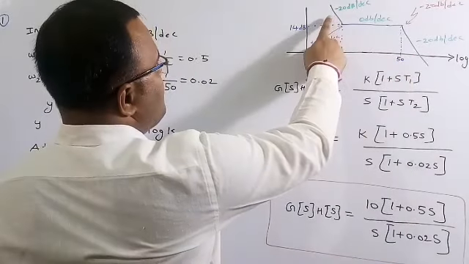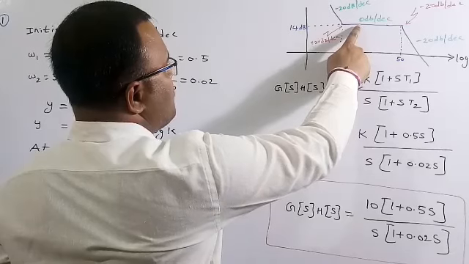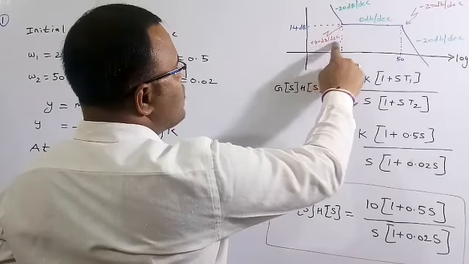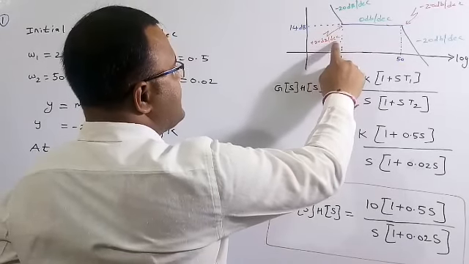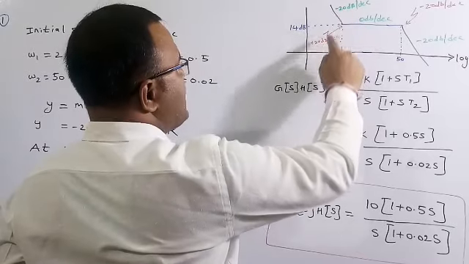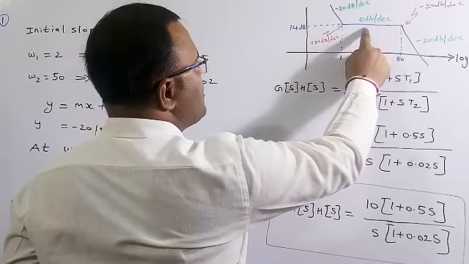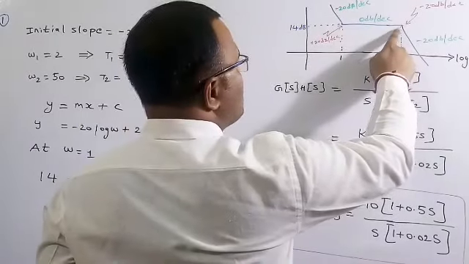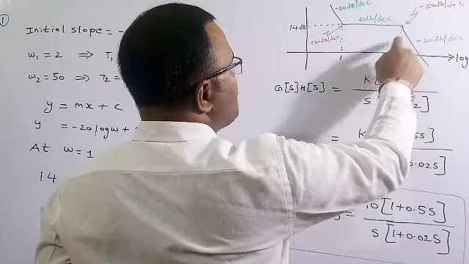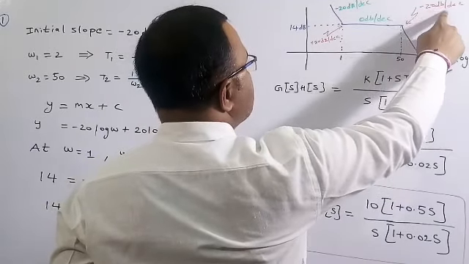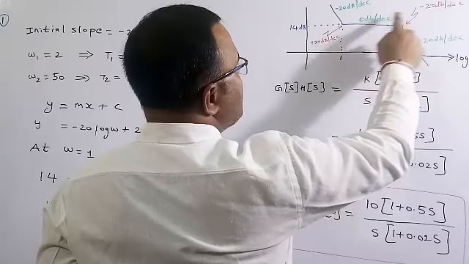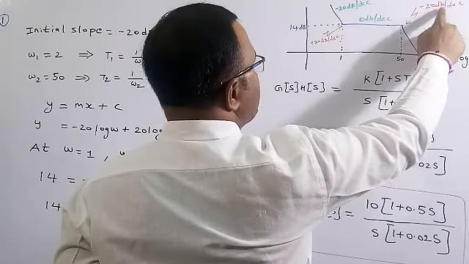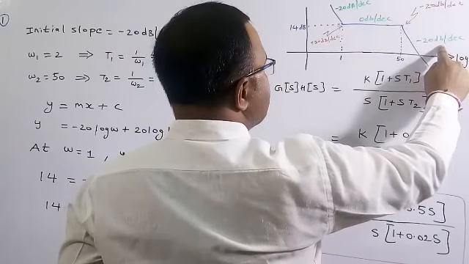See here the slope is changing from minus 20 to 0, which means we need to add a slope of plus 20 decibels per decade. If minus 20 and plus 20, then only we will get 0 dB per decade. And here also there is a change in slope, so we need to add minus 20 decibels per decade, then only 0 minus 20 decibels per decade is equal to minus 20 decibels per decade.